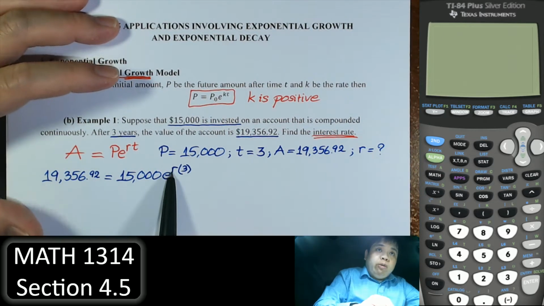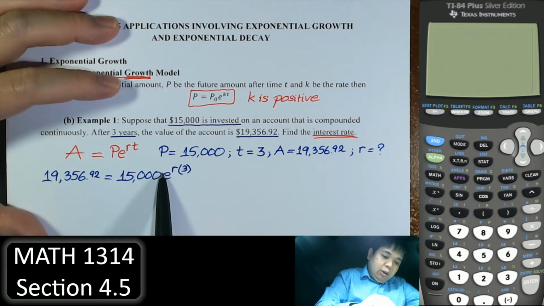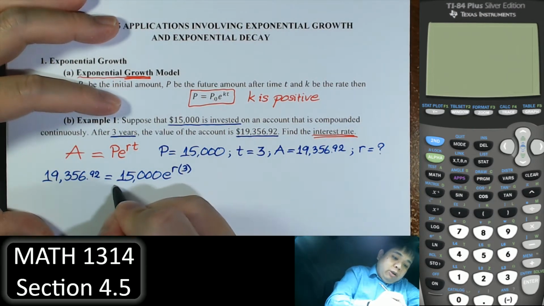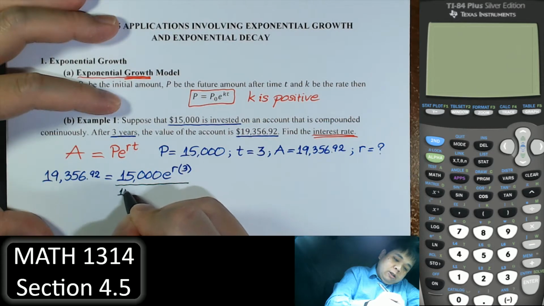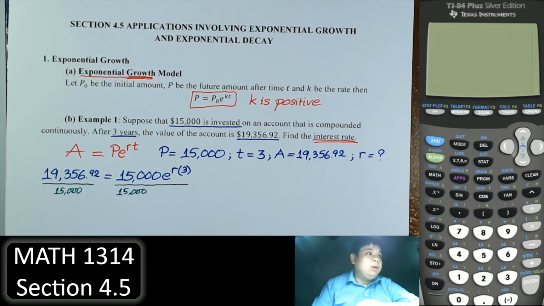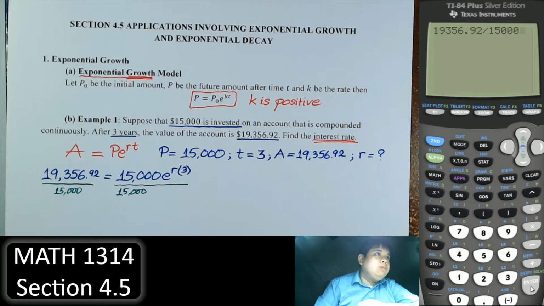So since we solve for r, we need to isolate the exponential term here. Then we can solve for r. So first I will divide 15,000 on both sides. $19,356.92 divided by 15,000, right?